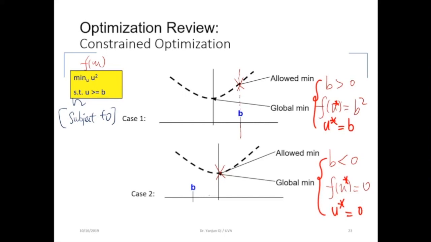So pay attention to this. In the end, this is the minimized objective we're looking for, right? We want to find the minimal value of the U quadratic function, which is f(U star), which is b quadratic, this point. And in this case, it's actually this point.